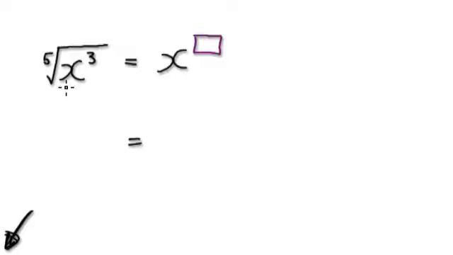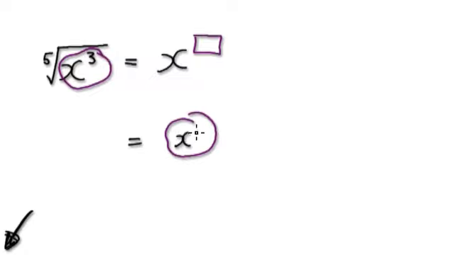So here, let's imagine this as being stuck in a bubble. I've got that bubble there, which happens to be x to the power 3 in there. Now to the fifth root, I can imagine that as this, to the power of a fifth. So now I can just rewrite it as this.